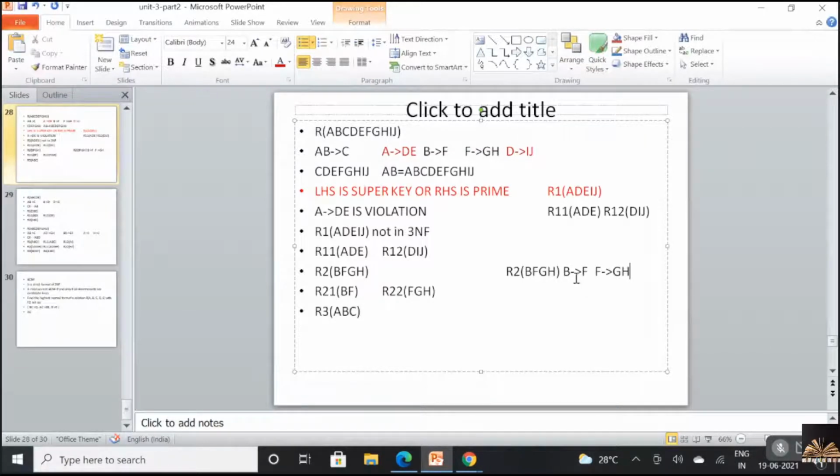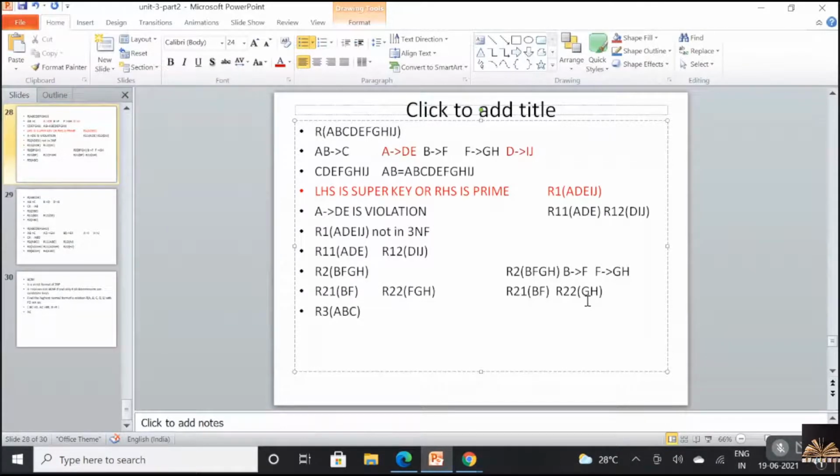B implies F. Is B part of a super key? No. Is F a prime attribute? No. Then I have to break this into pieces. R21 is BF, where B becomes a key attribute, and R22 has GH.